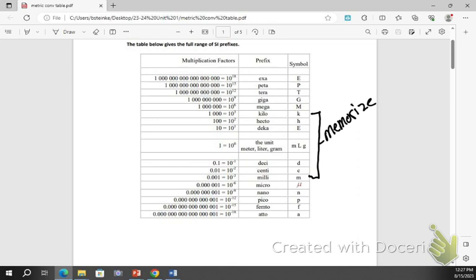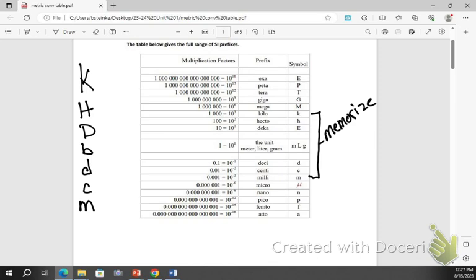Now, does anybody know the mnemonic device used for memorizing these parts of the metric system? King Henry something? Anybody? All right, so you ready? King Henry died by drinking chocolate milk.